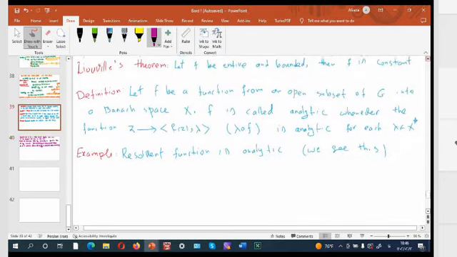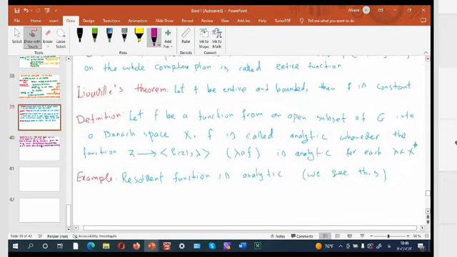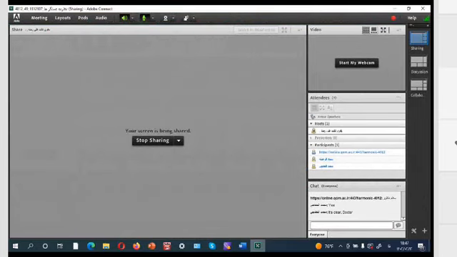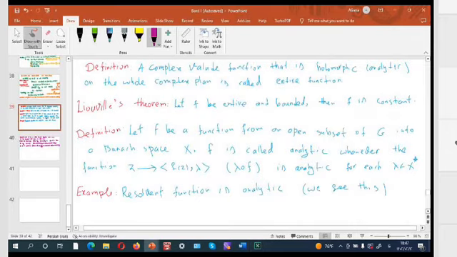This definition: a complex valued function that is analytic or holomorphic on the whole complex plane is called an entire function.